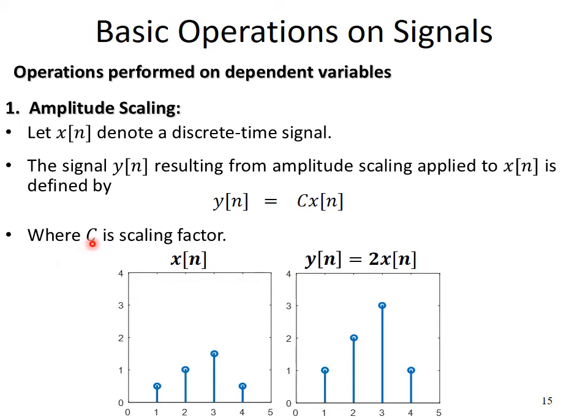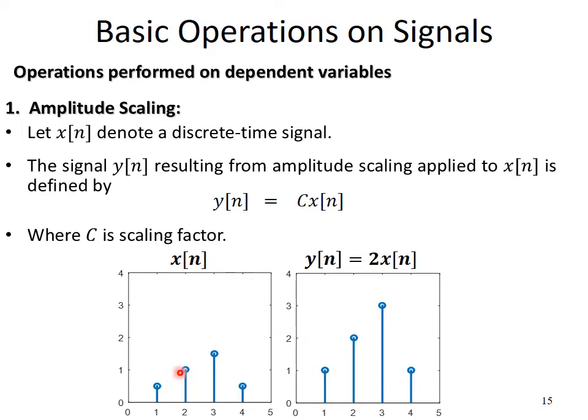So c is called the scaling factor. If c is equal to 2, for example, as shown in this figure, then the sample's amplitude would be increased by 2. You can see in x of n, the first sample that appears at n equal to 1 has amplitude 0.5. Now it is multiplied by 2, so it is equal to 1.